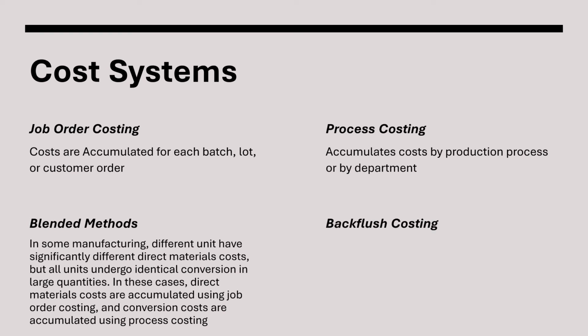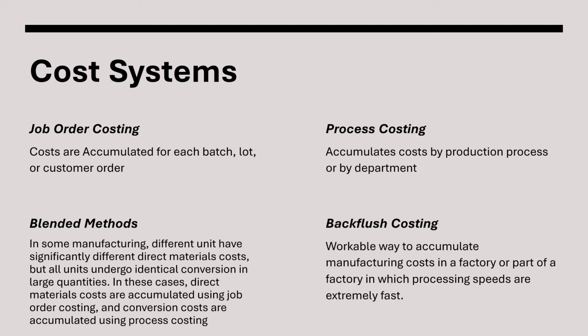And lastly, backflush costing, which is a workable way to accumulate manufacturing costs in a factory or part of a factory in which processing speeds are extremely fast. So timing is significant in this specific costing, and there is a specific topic again for this one.